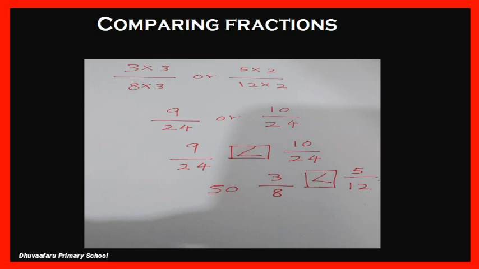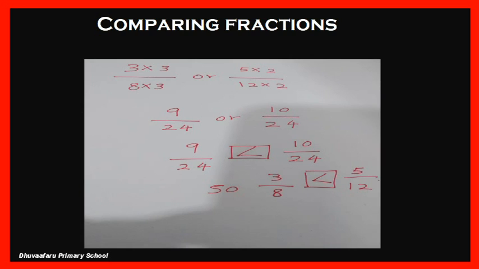You have to find the LCM. The LCM is 24. In the multiples of 8, 8 times 3 is 24. So you have to multiply 3 times 3. So the answer is 9 by 24.